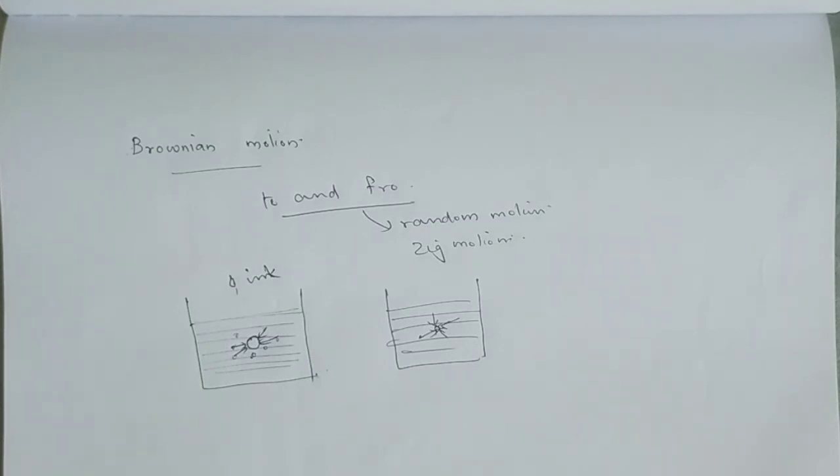That depends upon the size. And also they may interact with the neighboring particles. If they hit, there is energy sharing. So all in all we can say it is random motion.